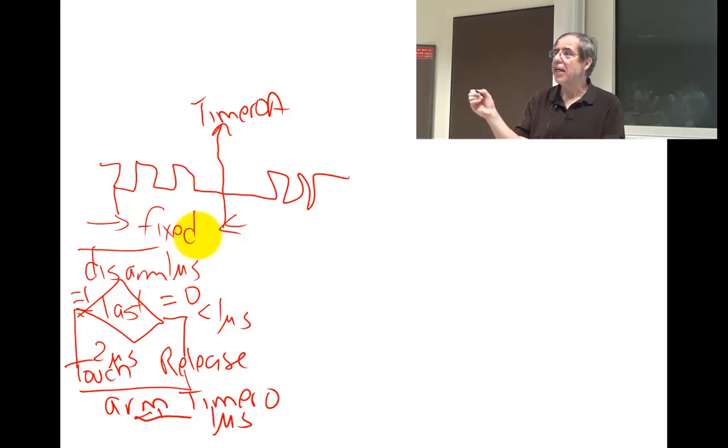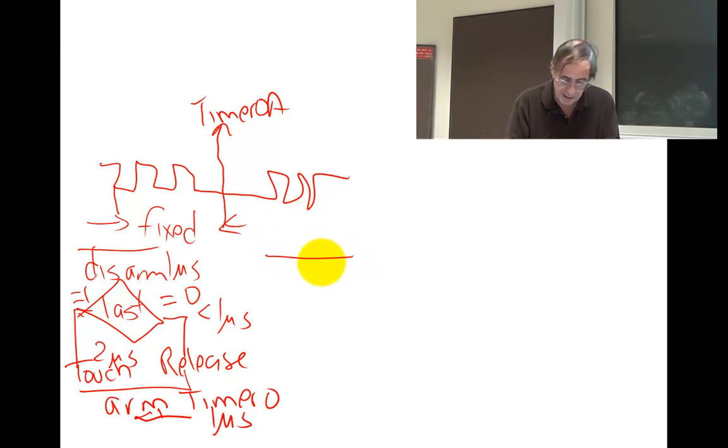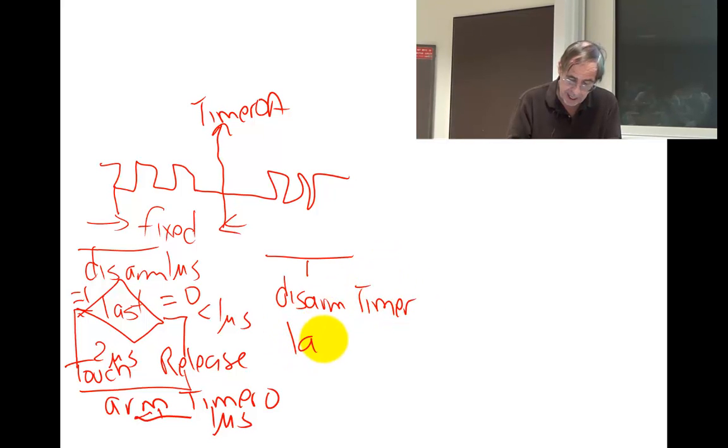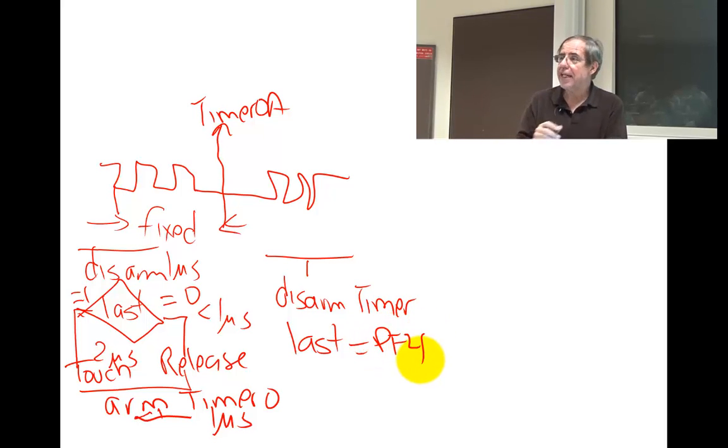Okay? I'm going to get a second interrupt. How long do I wait? Well, however long the bounce takes. However long, but not so long, because you see there's a little sweet spot. If I wait too long, the guy's released the button. Okay? And so what I'm going to do in that interrupt is disarm the timer, set last equal to PF4, because that's the stable point.